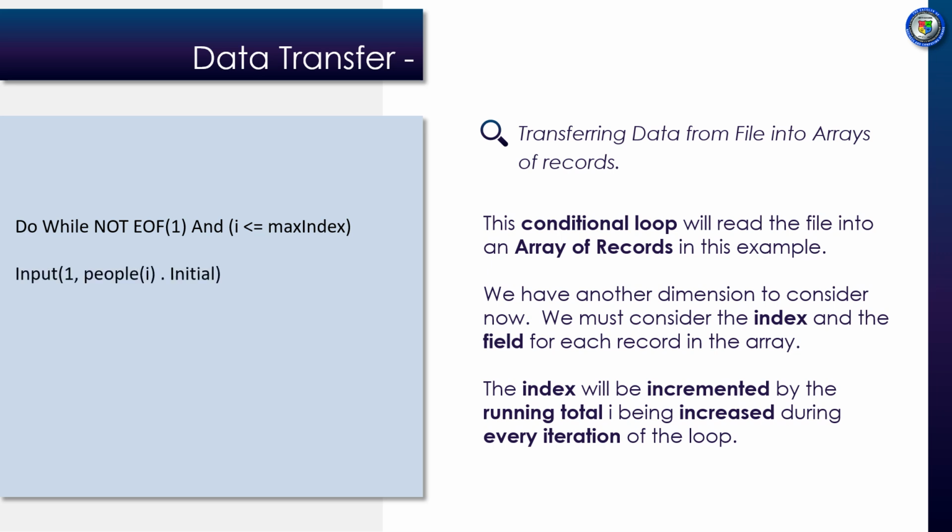Again, we will use the input statement, and the index will be incremented by the running total I being increased during every iteration of the loop. We can see that extra dimension we must consider: .initial, .surname, .age for an array of records called people.